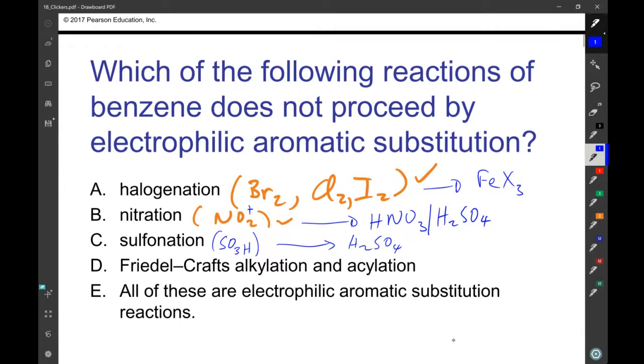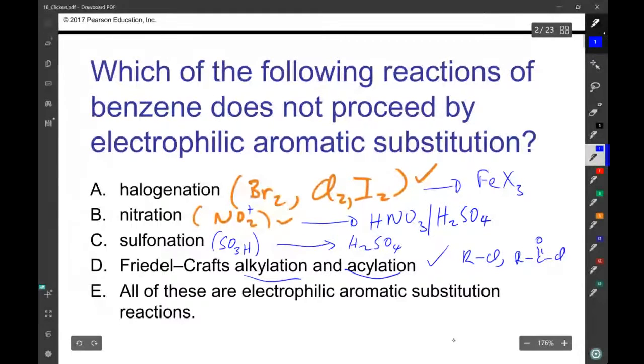Okay? And we've talked about the Friedel-Crafts alkylation and Friedel-Crafts acylation. In this case, you will need an alkyl group or an acyl group in the presence of aluminum chloride, which is your catalyst.